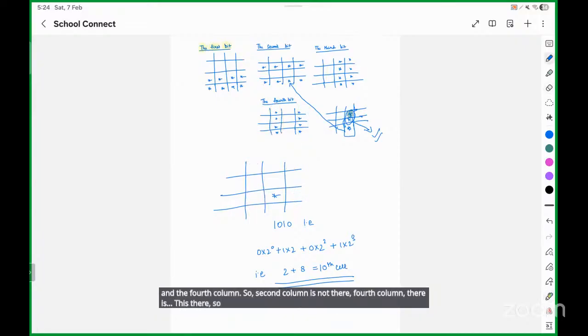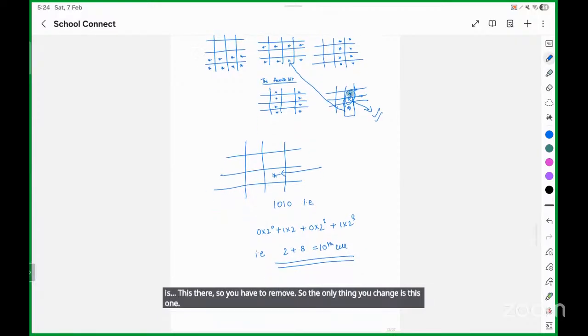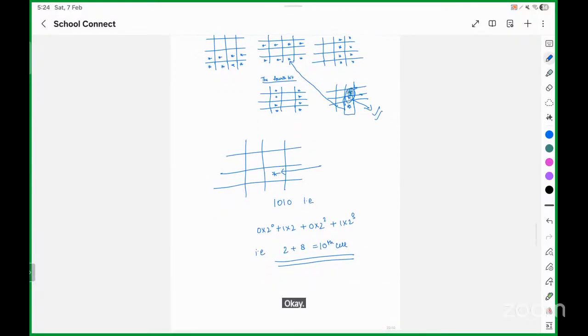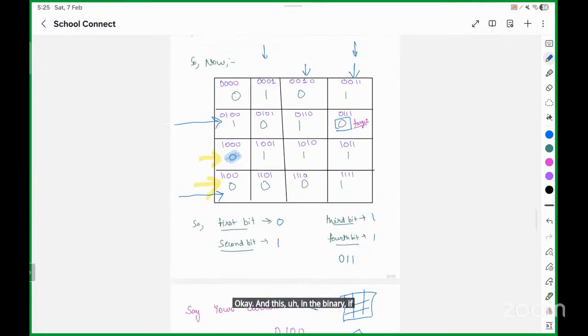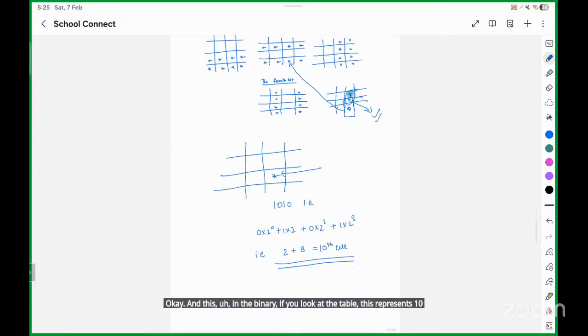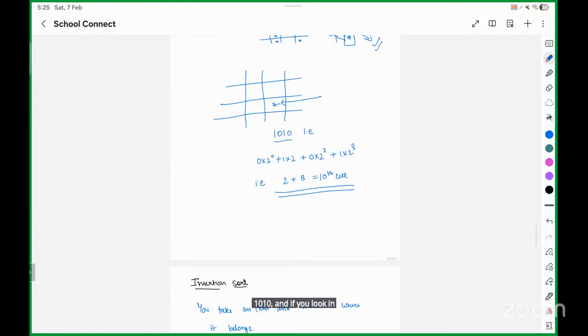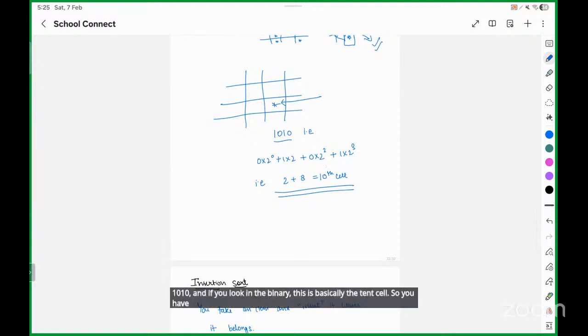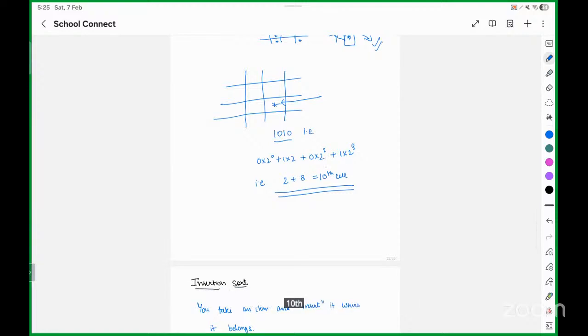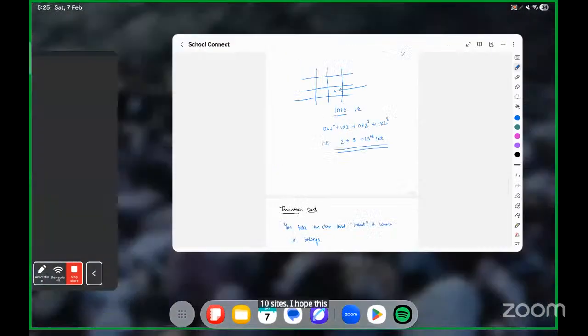So the only thing you change is this one. In binary, if you look at the table, this represents 1010, which is basically the 10th cell. So you have to flip the 10th cell. I hope this is clear.